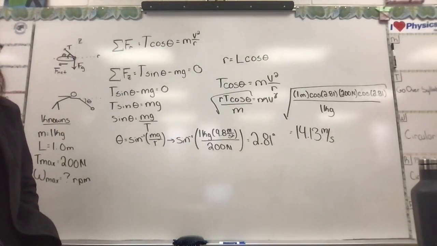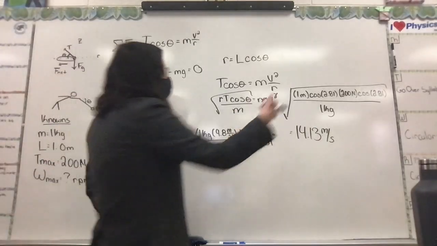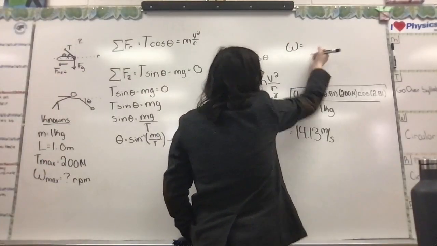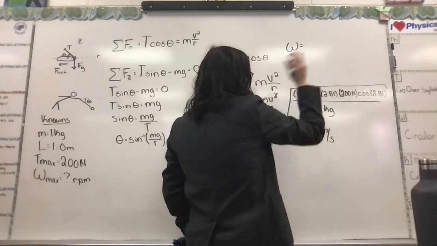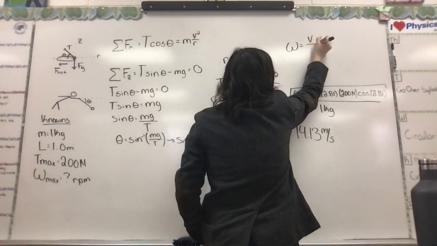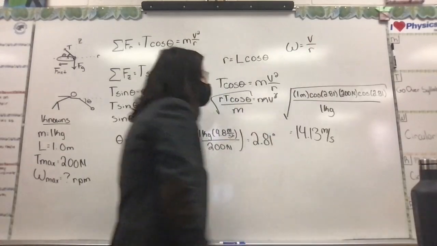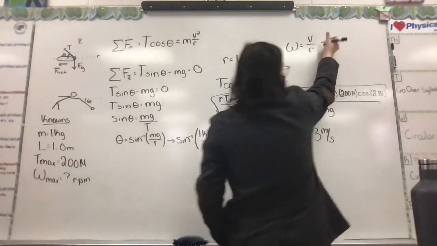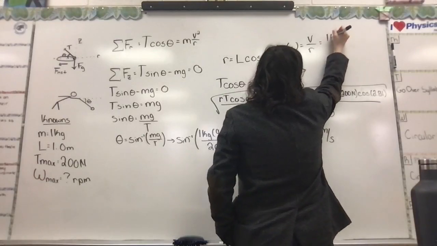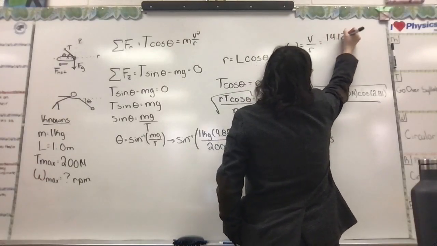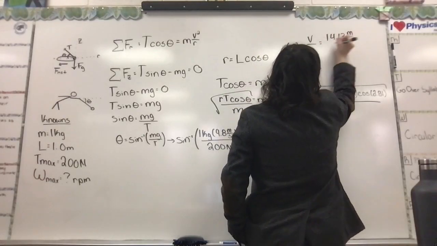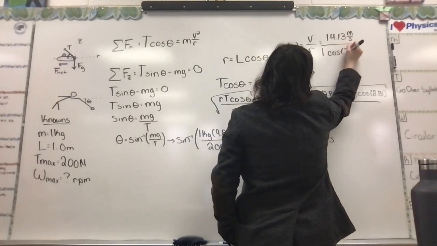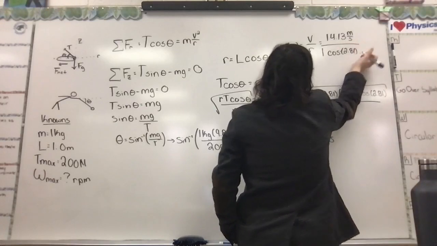Okay. So, who remembers what our equation is? Is it v over r? Yep, it is. It's v over r. Okay. So, what's our v? 14.13. Okay. And r is represented by, once again, remember, 1 cosine of 2.81.